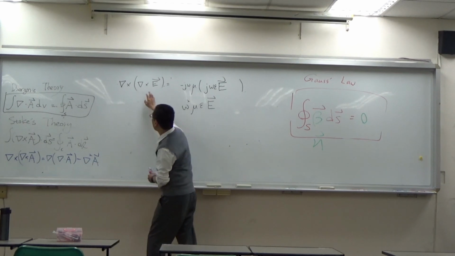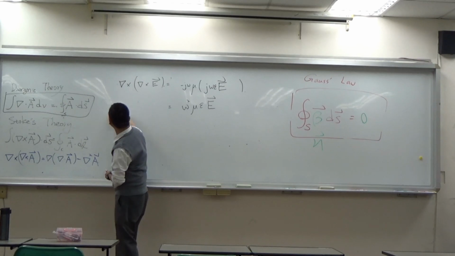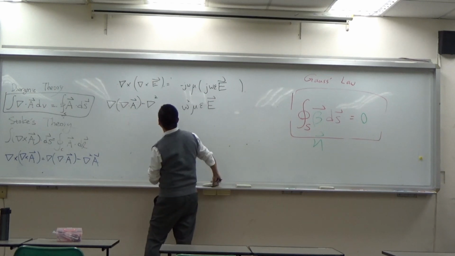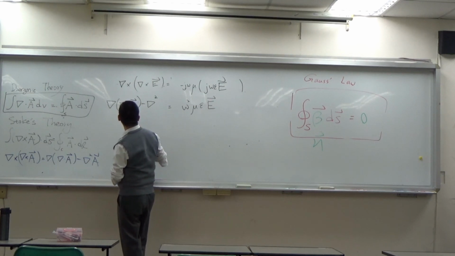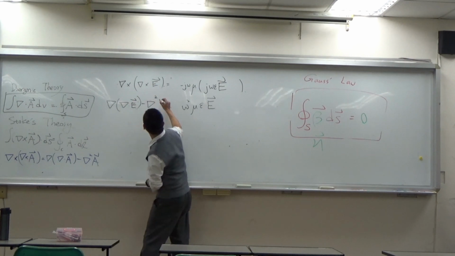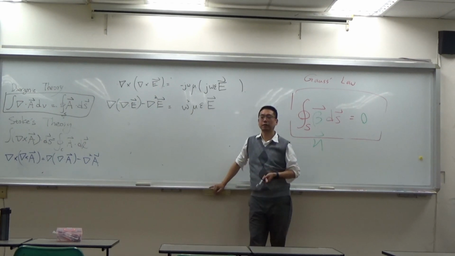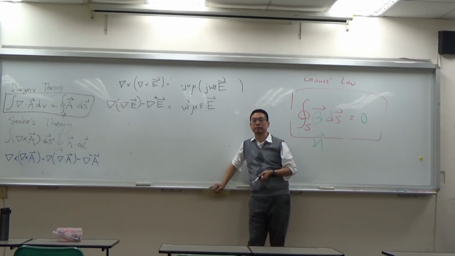So, for the left part, you append minus, this is not A, this is E. Okay, can I make it easier?